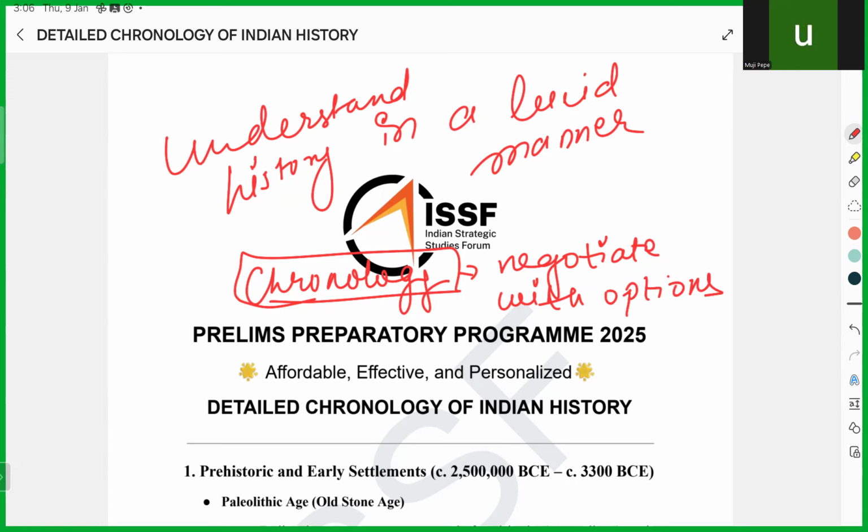If you know that a certain king did not come during this particular time period, and he is not perfectly matched with whatever poet there is, whatever place there is. So you know that this poet is from the second, third century, from the Gupta period, and this king is from the ninth century. This matching is not possible. In this manner, you can very well negotiate with the options.